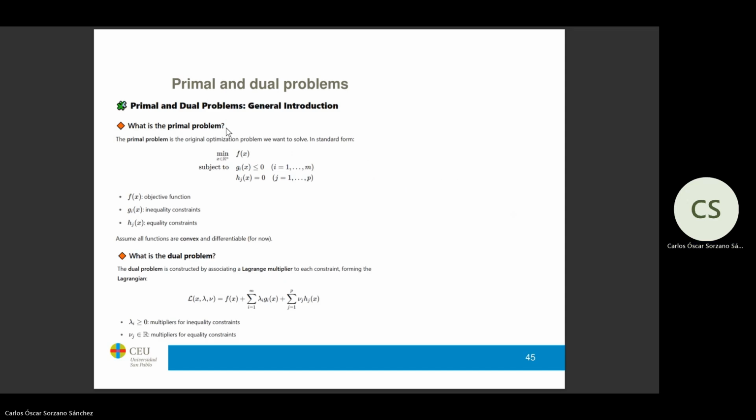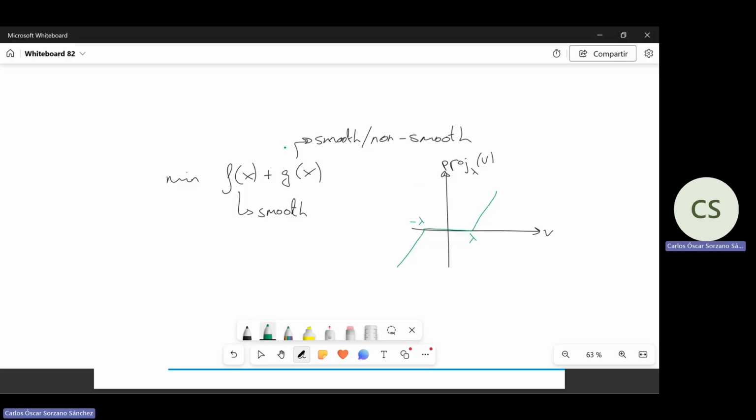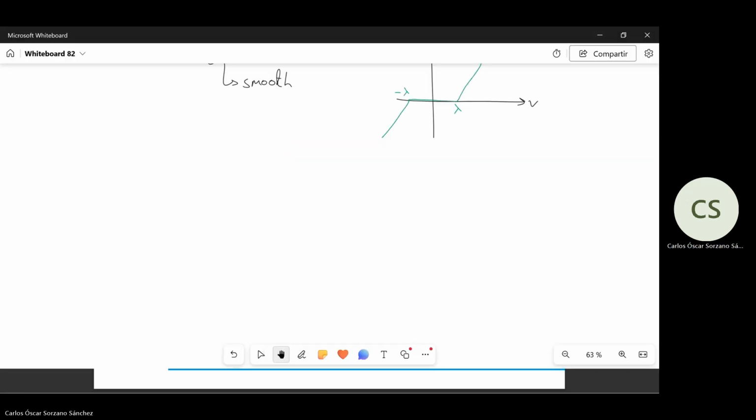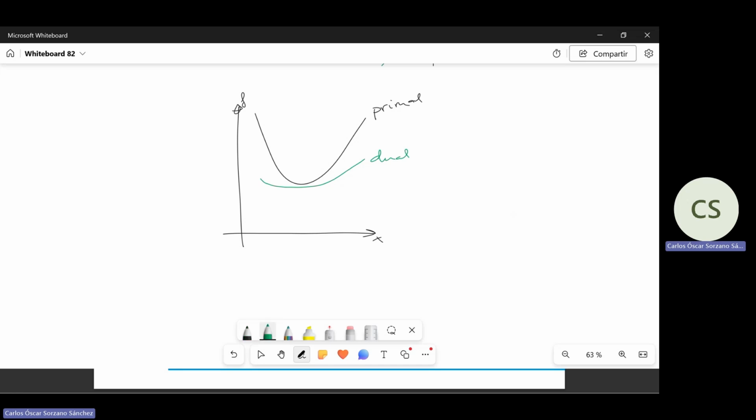So here you have x, here you have f, f is like that, and then the dual can be like this. So this is primal, this is dual. The dual is said to be a lower bound.